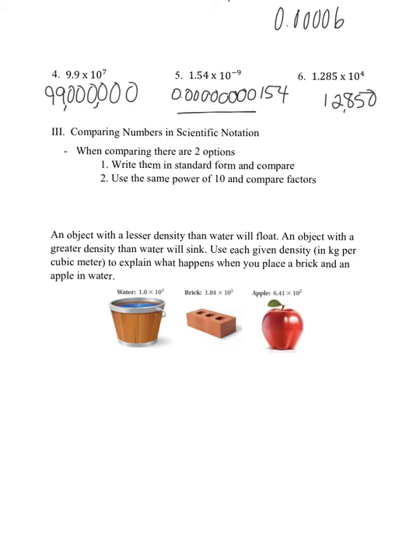Either convert all of them to standard form, or figure out how to make them have the same power of 10 by manipulating your factor, and then compare the factors. That's going to be a vital piece when we add, subtract, multiply, and divide in scientific notation. So pause the video and decide which way you want to do, and then unpause and the answer will be up there.